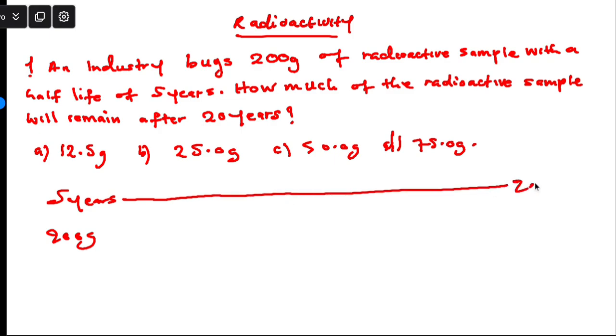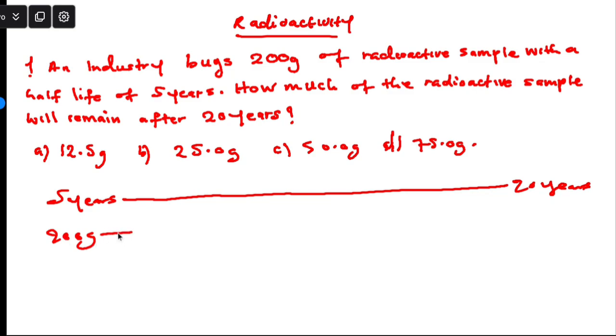One thing you need to understand here is that when a radioactive sample is decaying, the mass is going to be divided by 2, but the number of years are going to be added by itself.